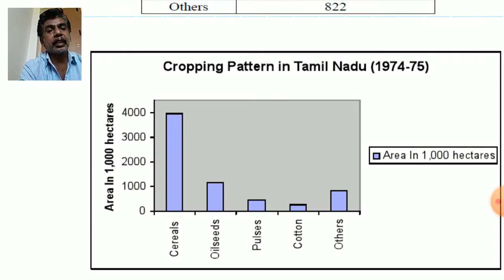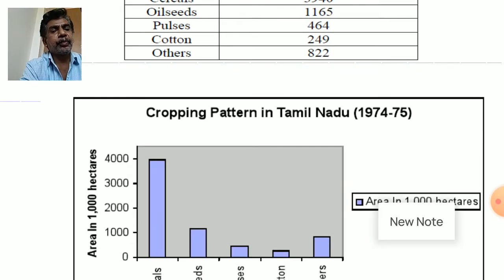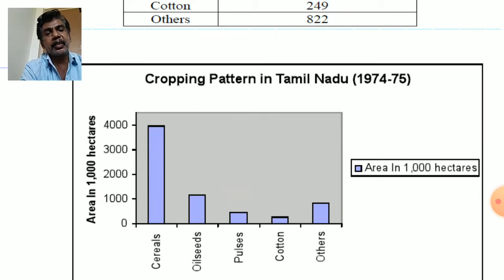Cereals are nearly 4000 hectares, oil seeds nearly 1000, and pulses, cotton and other crops are also shown.